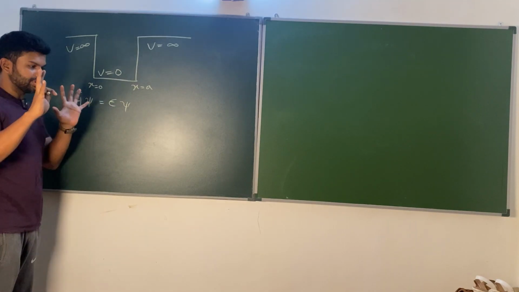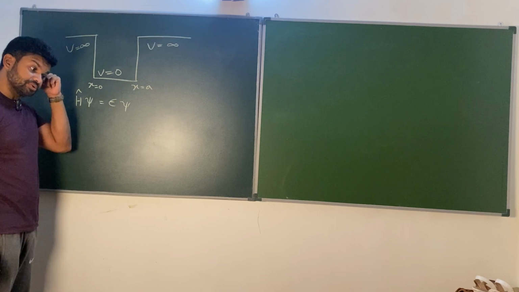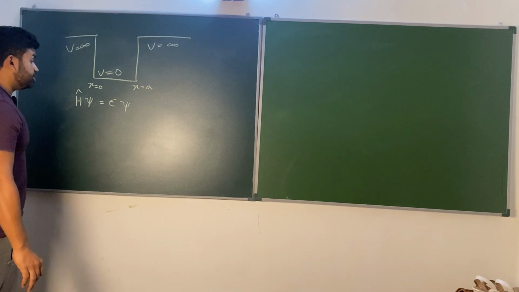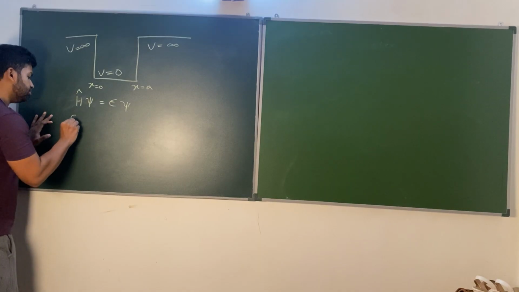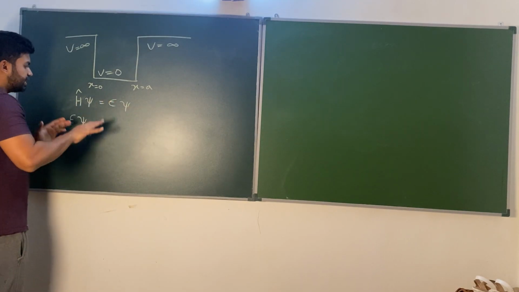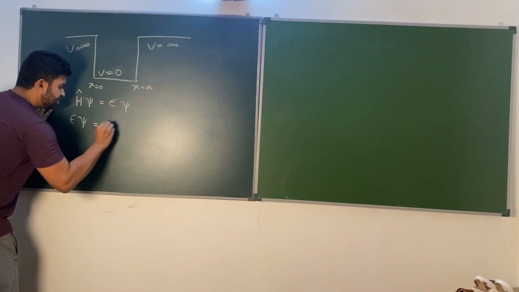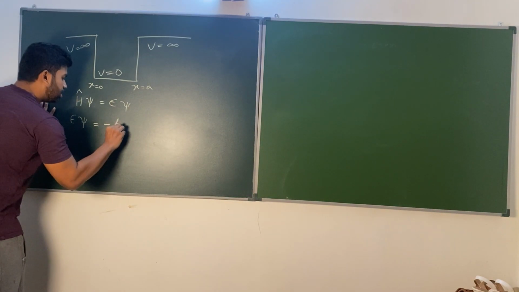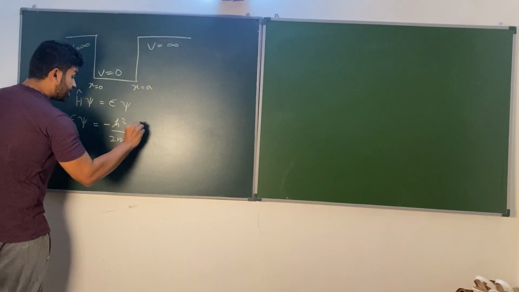Now you must already be familiar with this stuff, because if you have gone through my previous video, I'm pretty sure you are familiar with that. And if I dive one step deeper, I will end up with this final equation, which is minus h bar over 2m, d squared.